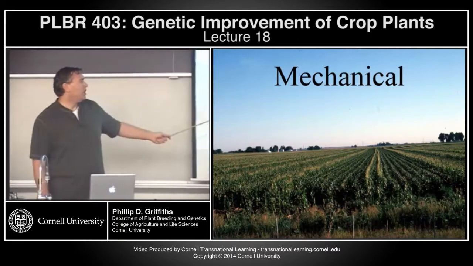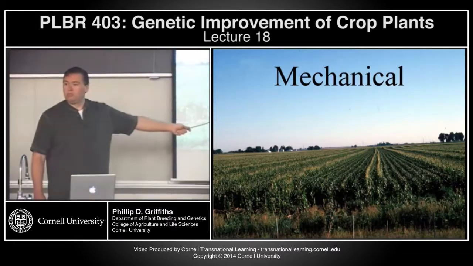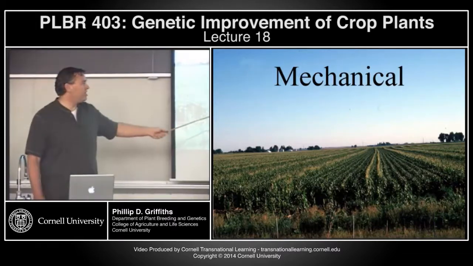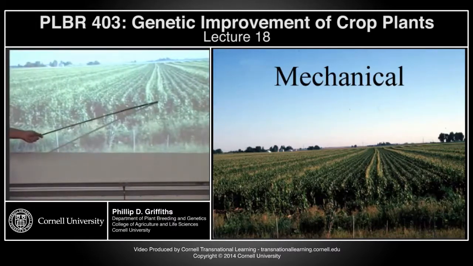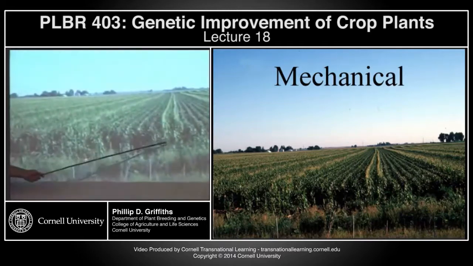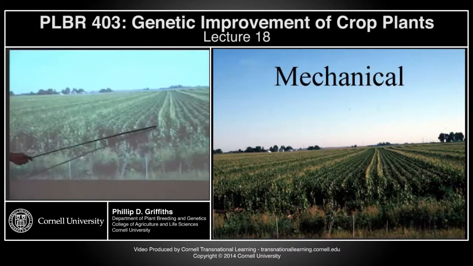Oftentimes we'll have 6 lines planted of female corn seed parents or seed inbreds, and then we'll have 2 rows of the male pollinator inbred. These will be perhaps planted at different times if there's a maturity issue, ideally at the same time. But the female plants that are going to be used for seed harvesting will go through with a machine, and they will be detasseled before the pollen is mature.